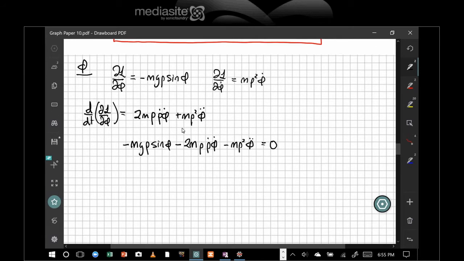Now I'm going to group everything on the left hand side except for the minus mg sine term. Let's take a look at what I get.